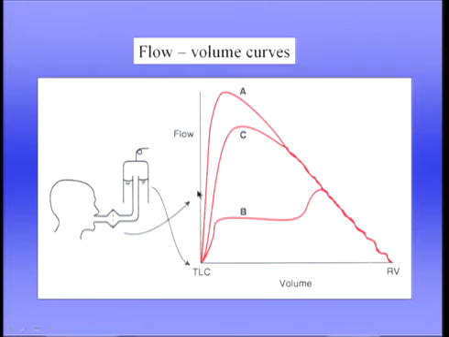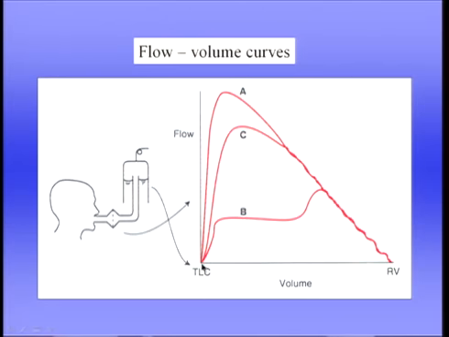As I said before, we can use the differential of the volume signal as flow, but it's better to measure flow directly, and that's what we're doing here. We ask this subject to breathe in as far as he can to total lung capacity, the largest volume you can get in the lung with a maximal inspiration.